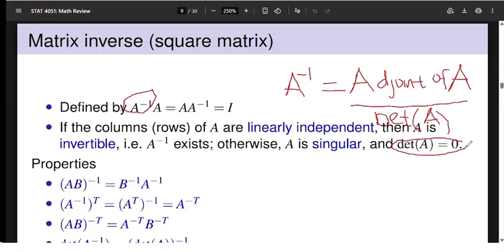That is why we said that where the determinant is equal to 0, the matrix is not invertible. And the reason why the determinant is 0 is because the matrix does not have a full rank.